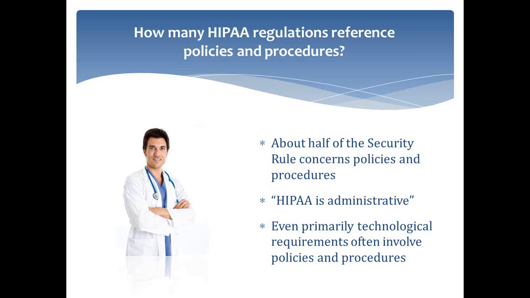And so for that reason, people sometimes say HIPAA is administrative. Which again isn't to say that there aren't technological aspects of it. That's an important part of being compliant as well. But even those primarily technological requirements often involve policies and procedures in ways that we're going to talk about more as we go through this session.